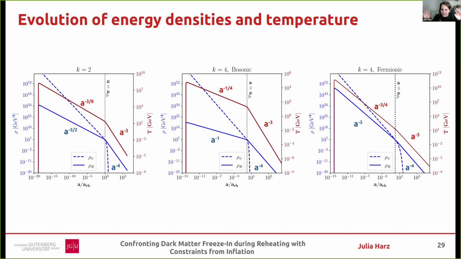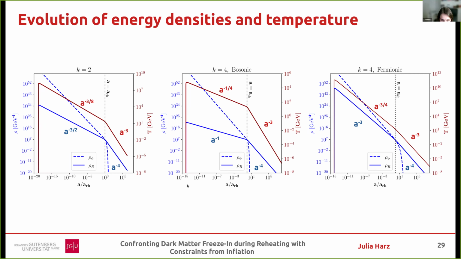If there are any questions, feel free to jump in. Julia, I would like to ask you, I think it's related to that. When you have this vertical line at 10 to the minus 15 something, before that you only have the inflaton field, and other particles start appearing at that point. That's why you have this density of particles that come up there, right? Exactly.